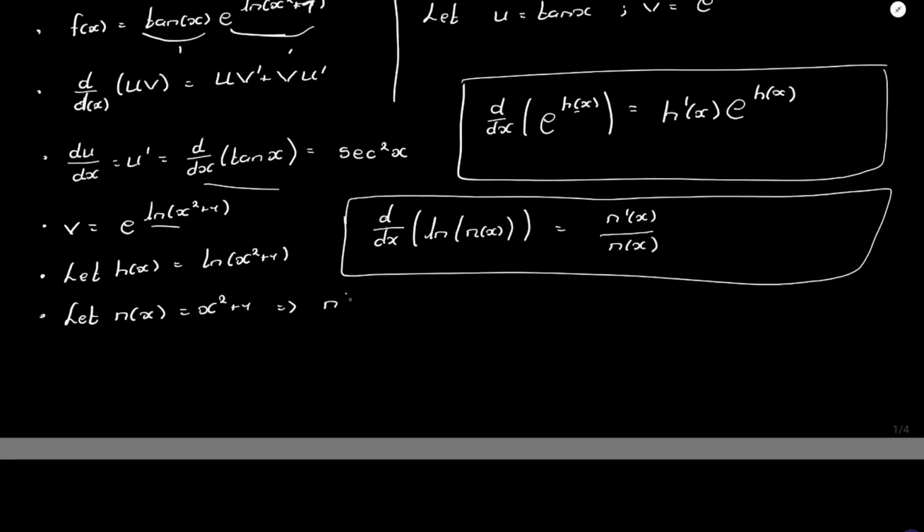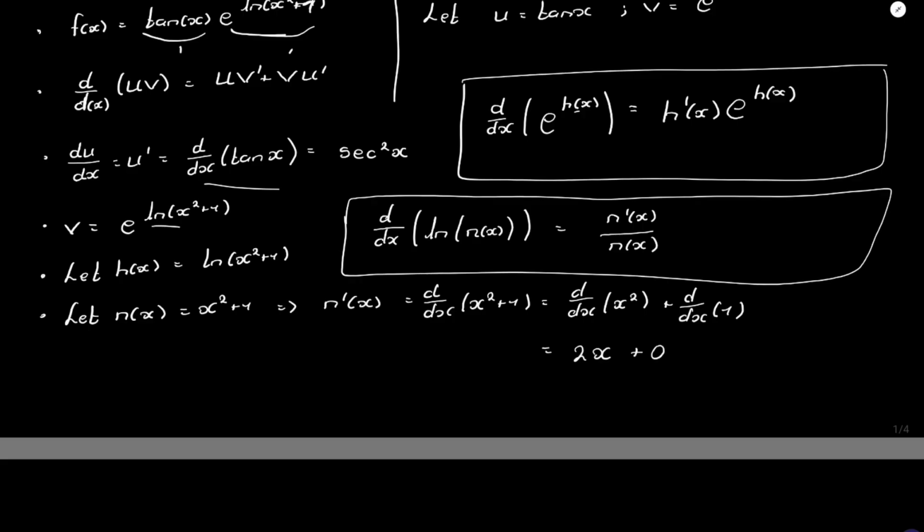This implies that n prime of x, which is the derivative with respect to x of the function x squared plus 1, is equal to the derivative with respect to x of the function x squared plus the derivative with respect to x of the function 1, which gives us 2x plus 0, recalling the power rule and the constant rule.